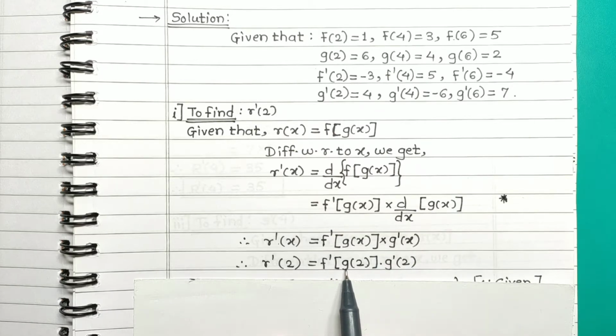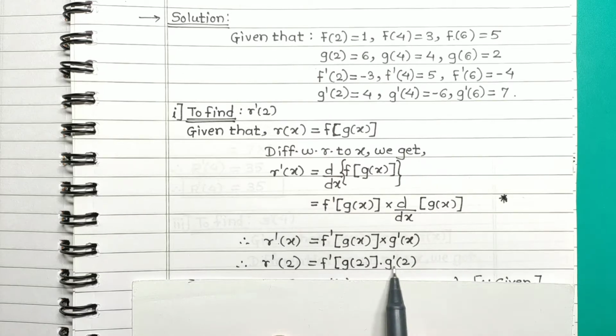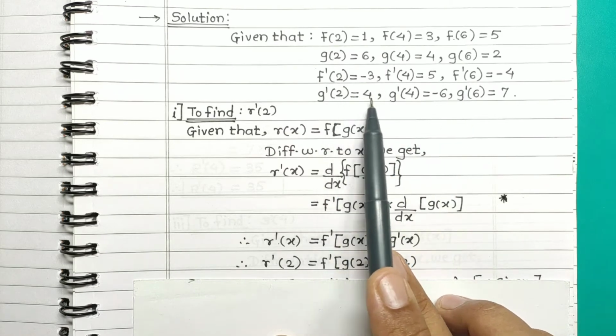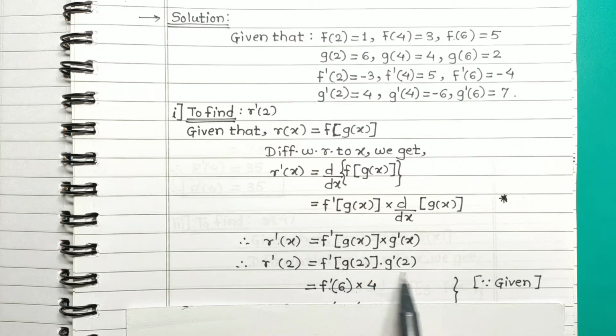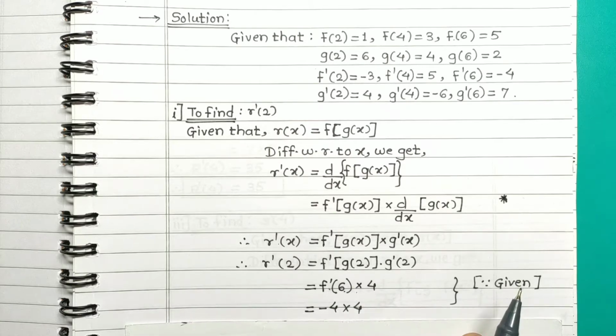Then see here, we have to use g of 2 and g dash of 2, and these two values are given to us. See, g of 2 is given as 6 and g dash of 2 is given as 4. So substituting these two values, we have f dash of 6 into 4.